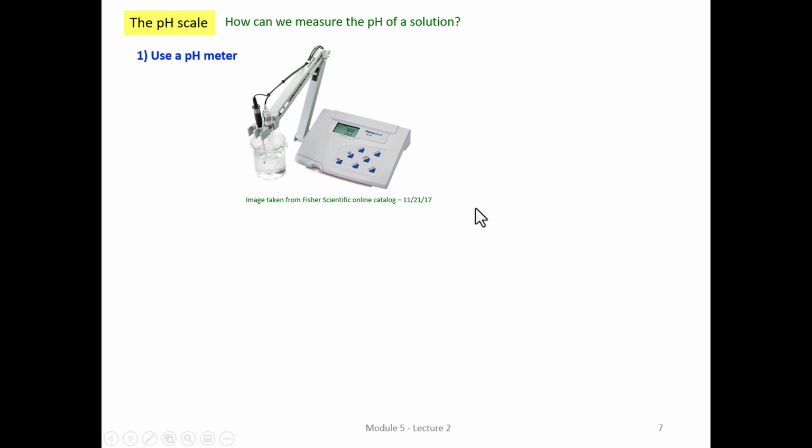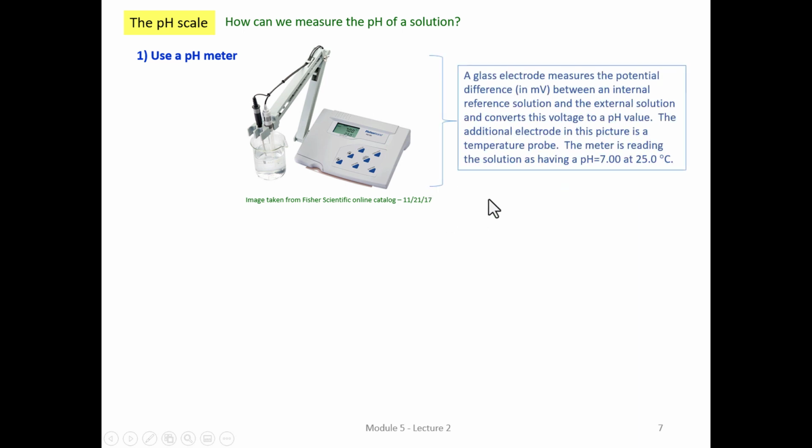The pH electrode, it might be a little hard to see, is actually an electrode that's made out of glass. And what this does is this glass electrode is hollow and it has a solution in it.